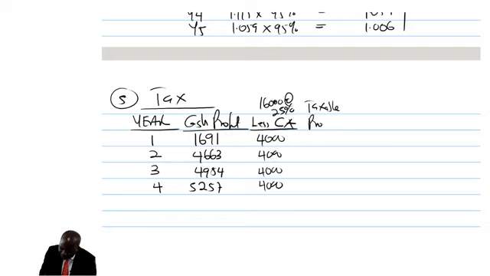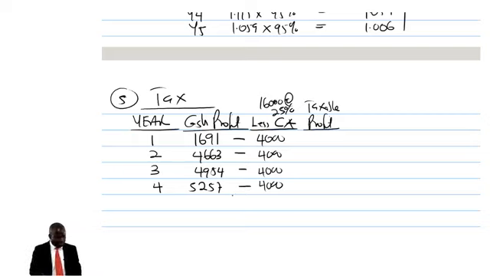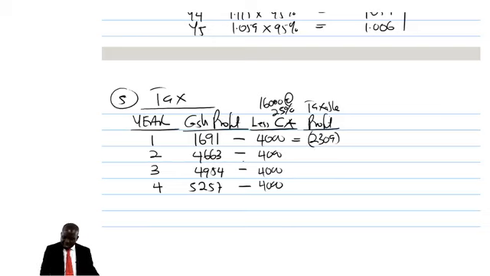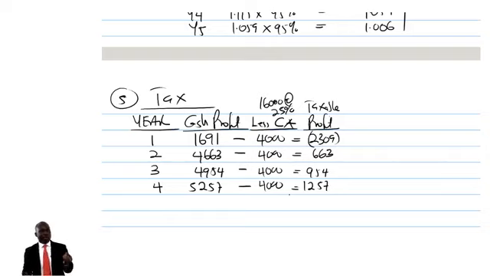My taxable profit is the difference between this and that. 1691 minus 4,000 gives me a loss of 2309. The difference here is 663. The difference here is 954. And the difference here is 1257. Now I need to pay tax.